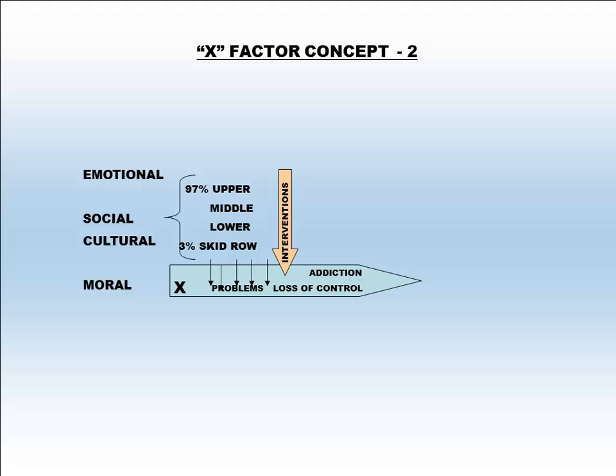This particular Skid Row variety makes up 3% of the total number of alcoholics, and therefore the 97% is scattered through the upper, middle, and lower class. I have said many times that alcoholism is no respecter of class standing, or intelligence or moral quality of life.